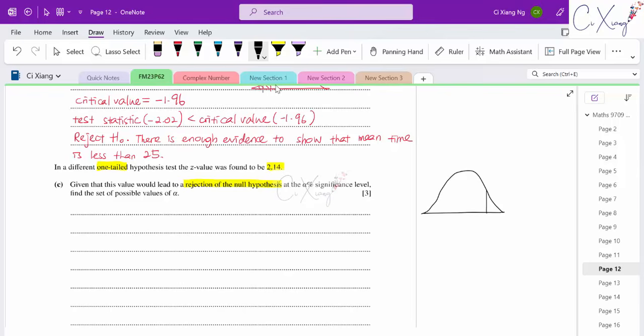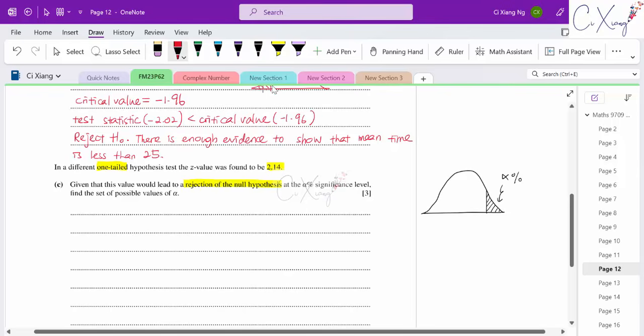Then we are having the rejection region, which is actually alpha percent. And they are saying that the test statistic is actually 2.14, and this will lead to rejection of the null hypothesis.